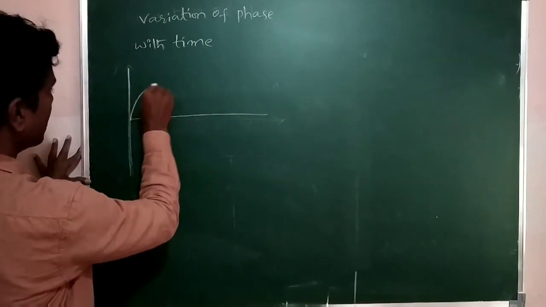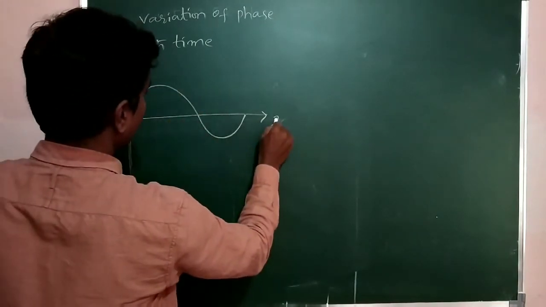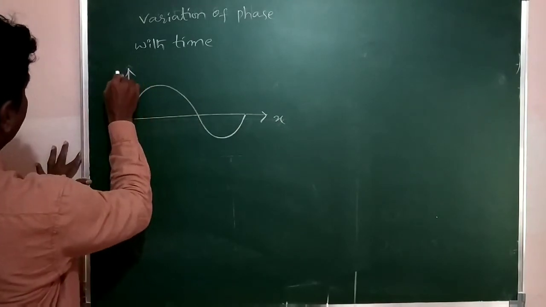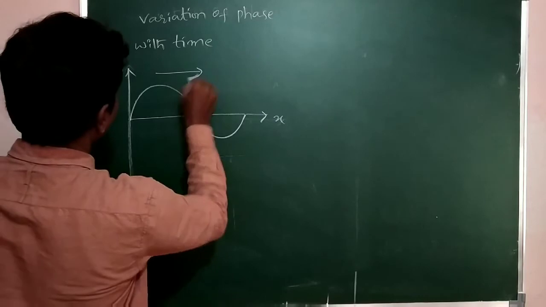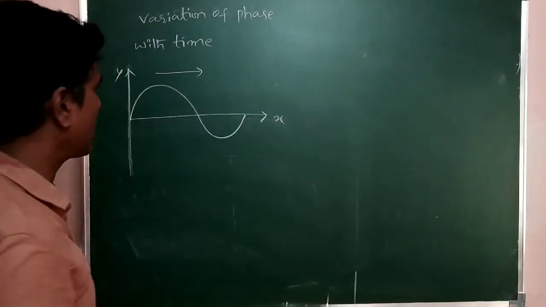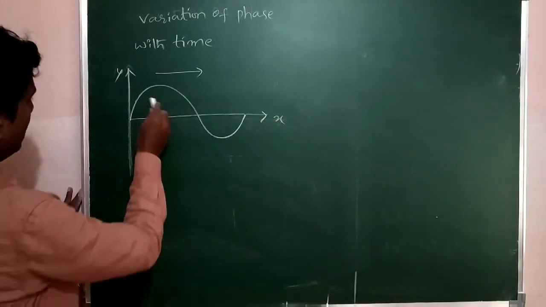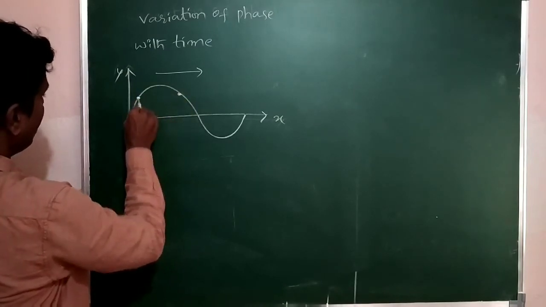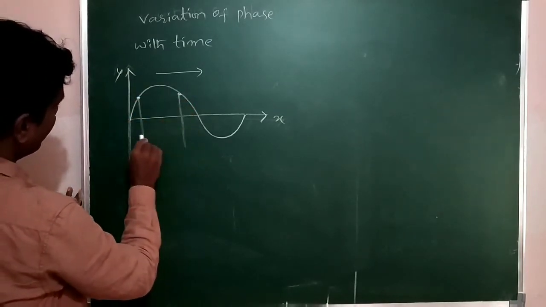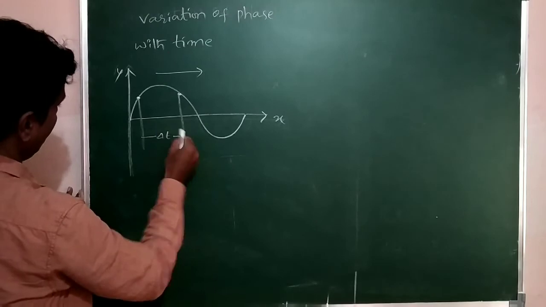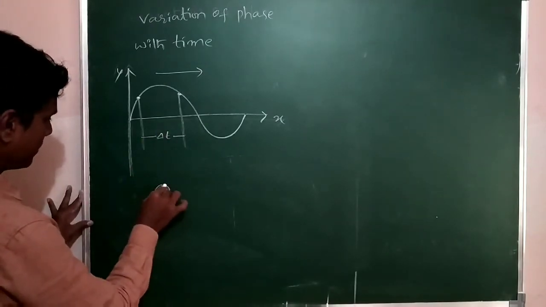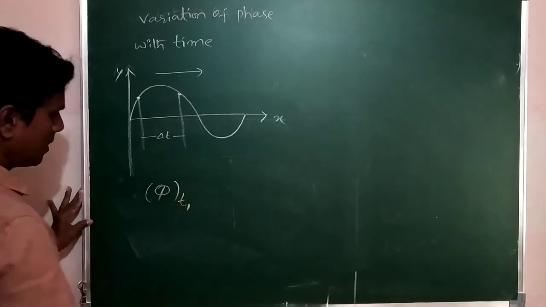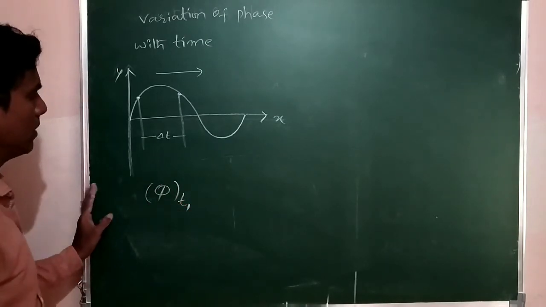A wave is traveling along the positive x direction, the displacement is y. Here the wave moves along the positive x direction. The time interval between the 2 points, that is delta t, is taken.